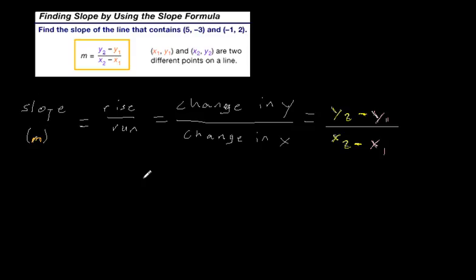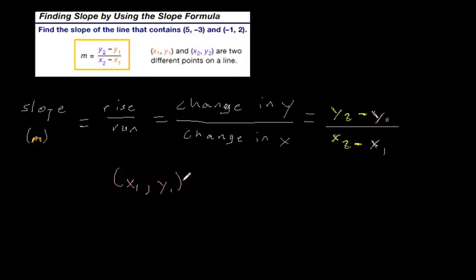So here's an important point I want to bring across. You're always subtracting y2 by y1 and x2 by x1. So my first ordered pair I'm dealing with is x sub 1, comma, y sub 1, and then the second, x sub 2, comma, y sub 2.